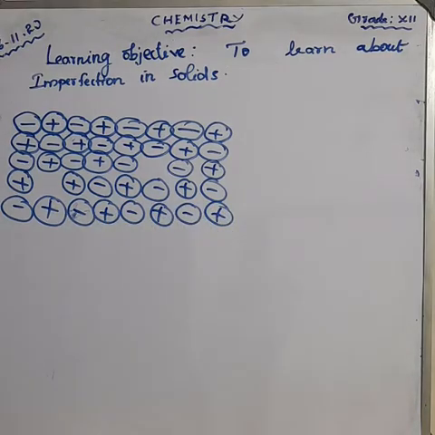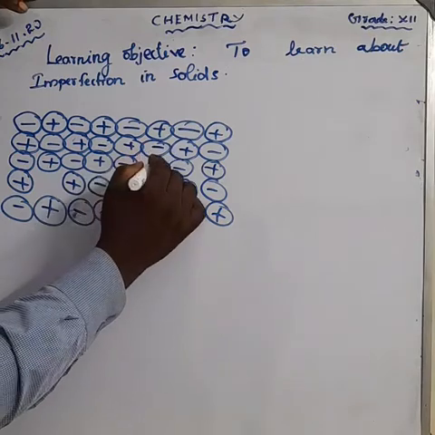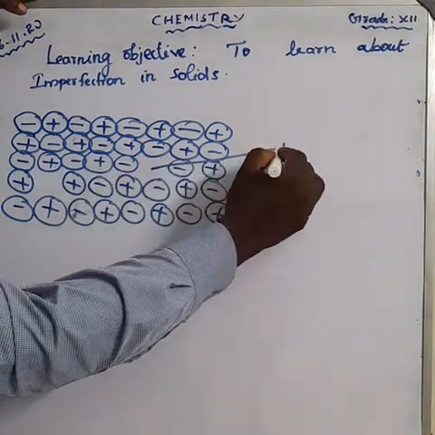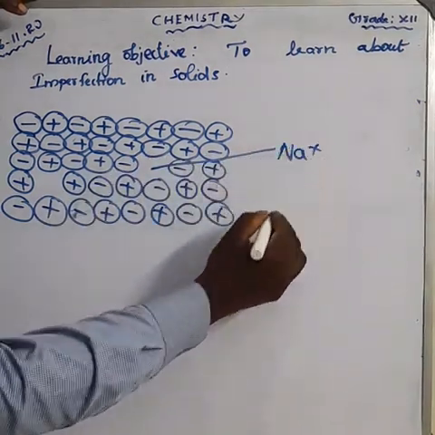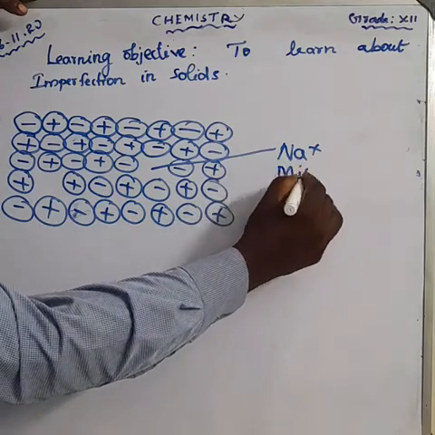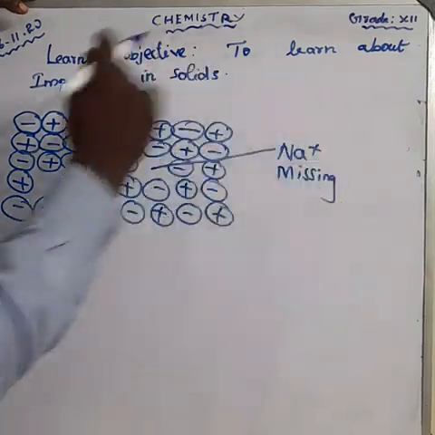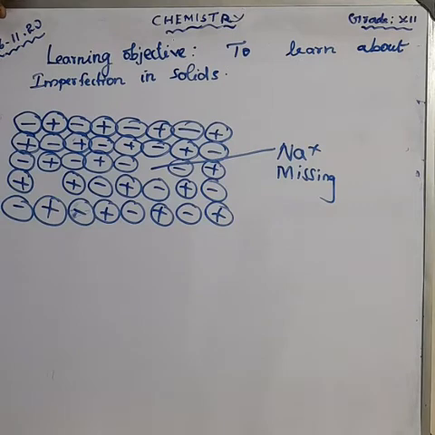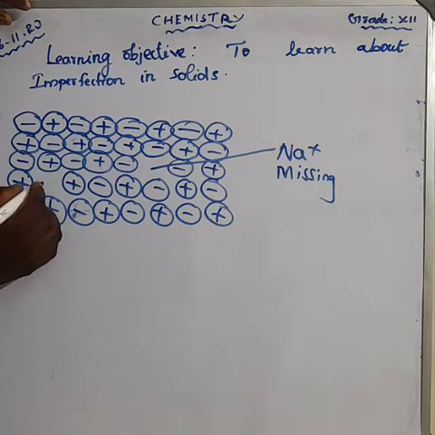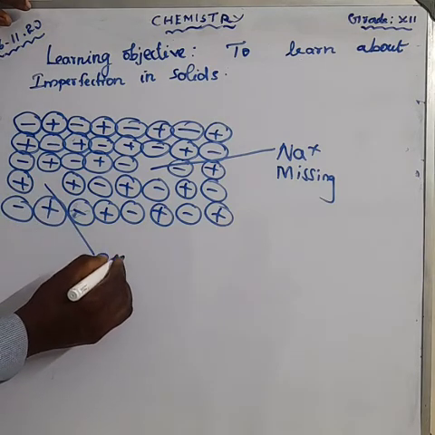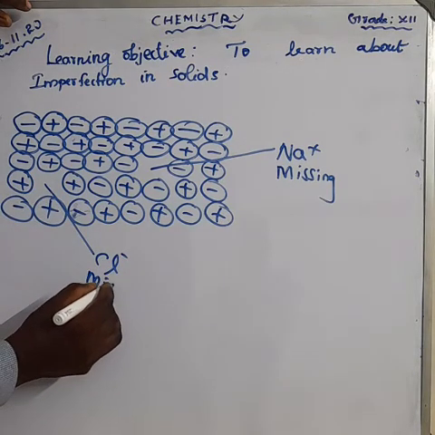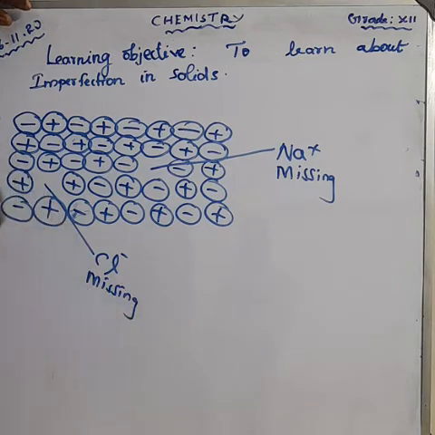This is the diagram. Here Na+ is missing from the crystal lattice, and here Cl- is missing. One of the chloride ions is missing. Now what do you understand about this?